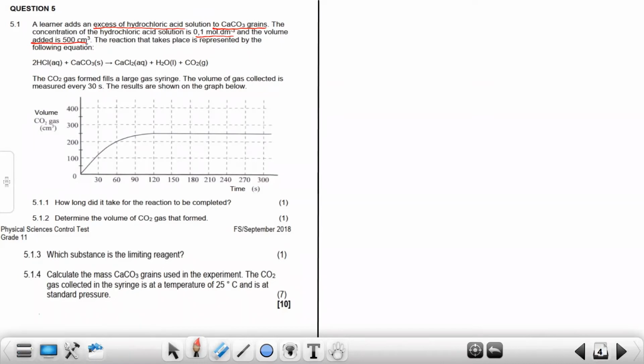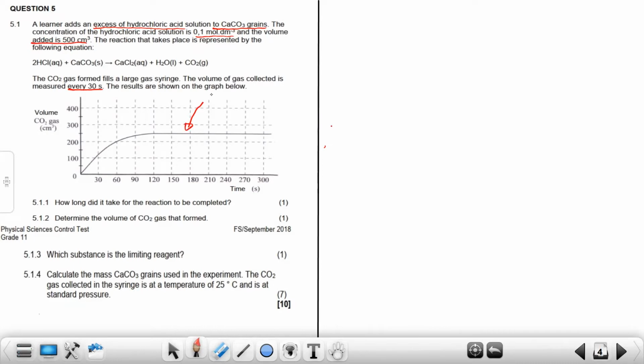The carbon dioxide gas formed fills a large gas syringe. The volume of gas collected is measured every 30 seconds, and the results are shown in the graph below. So this is the graph. And the best thing that I usually ask: what is this straight line basically saying to me?